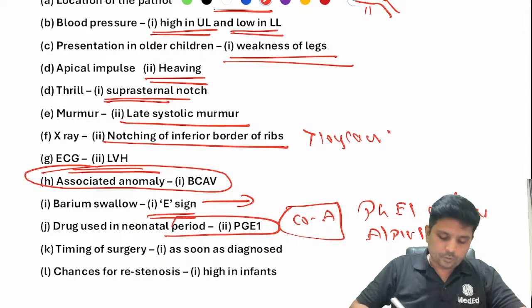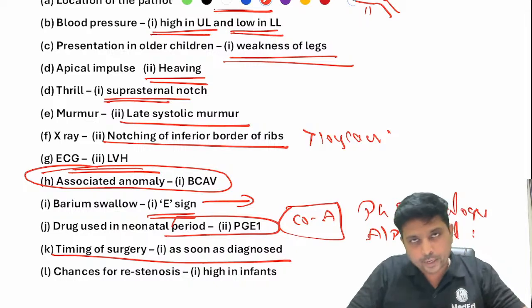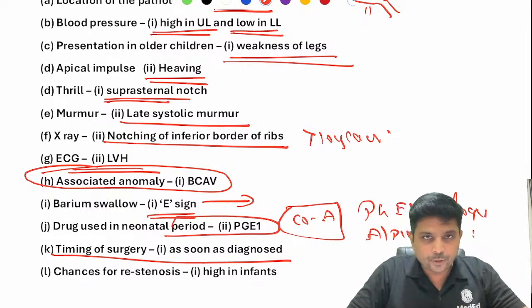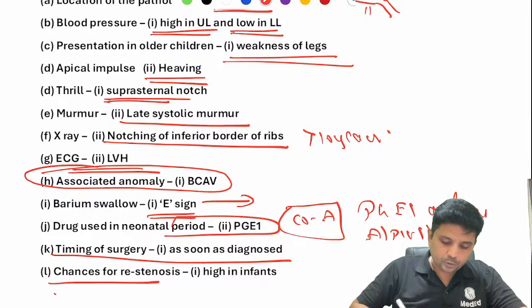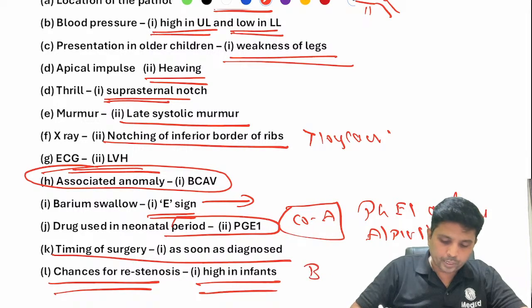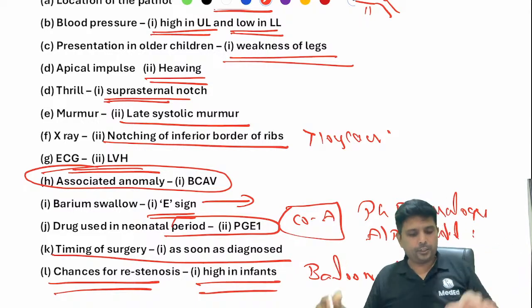PGE1 can be used. Timing of surgery: once you diagnose coarctation of aorta, immediately you need to do surgery. Restenosis means you can do balloon dilatation.